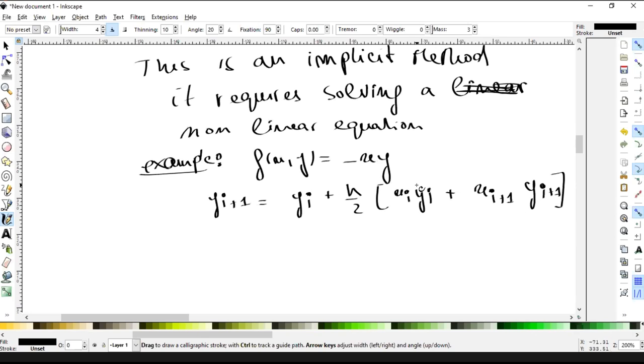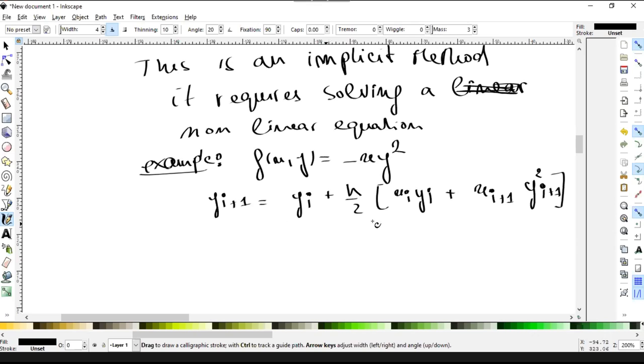But in other cases, let's say we had y squared, then you need to solve an equation to determine this yi plus 1. If you have, for example, minus x y squared, you have yi plus 1 equal to something with yi plus 1 squared, so you cannot directly determine this.